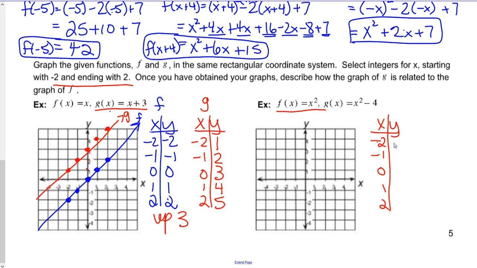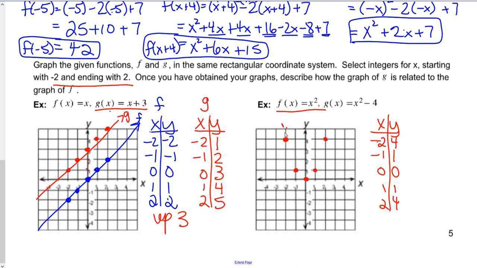So -2 squared is 4, -1 squared is 1, 0 squared is 0, 1 squared is 1, and 2 squared is 4. So let's plot those points on our graph. Here's -2, 4. Here's -1, 1, 0, 0. Over 1 up 1 gives me 1, 1. And from my origin over 2 and up 4 gives me that.